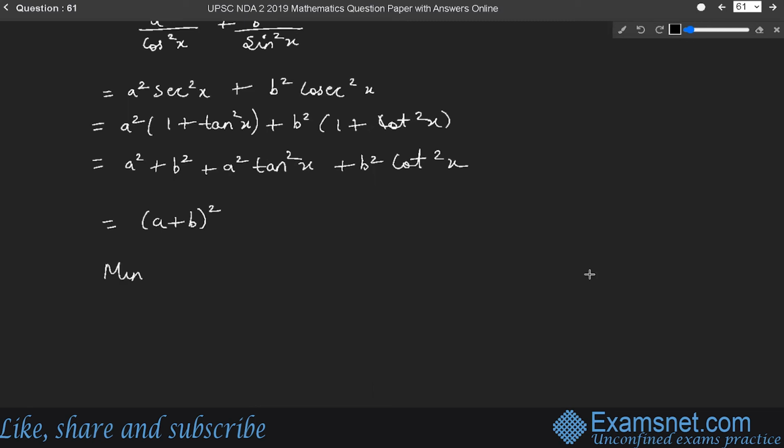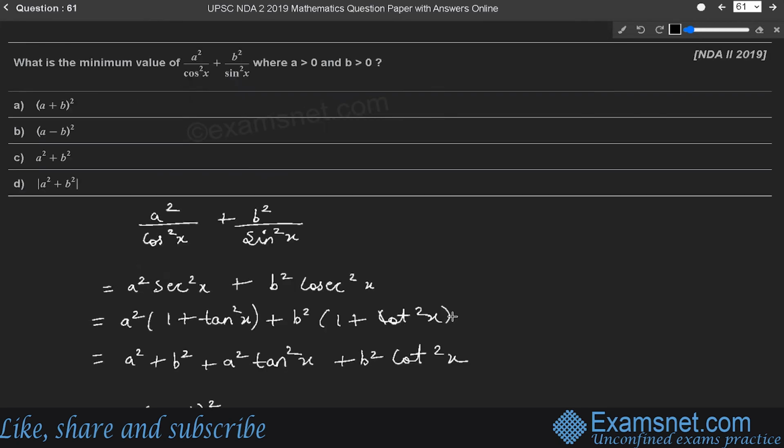Therefore, the minimum of a square upon cos square x plus b square upon sin square x will be equal to a plus b whole square. Hence, we can say that the correct option for this question is option number A here.